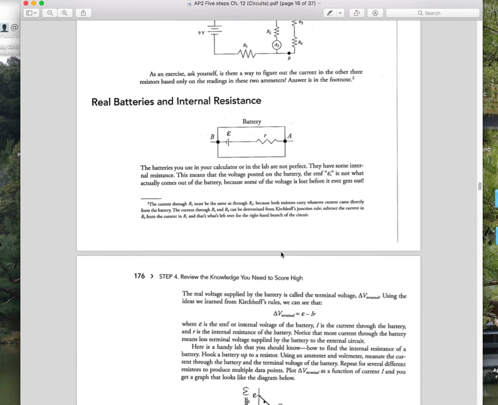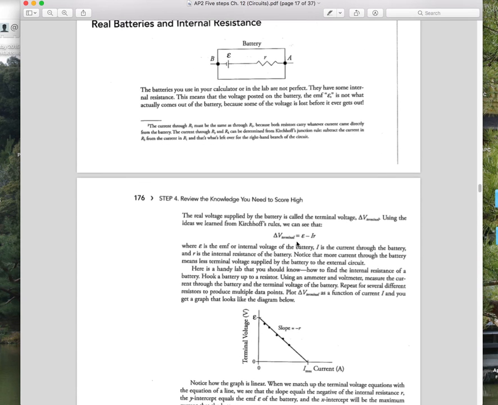So they talk about internal resistance of a battery in here. Terminal voltage is equal to EMF minus current times the internal resistance of the battery. We did a lab with that, one of our circuitry labs first semester. I would go over and look at that part because I think a very good AP question they could ask this year would be giving you a scenario, maybe a graph, with voltages and currents and asking you to determine the resistance, and then saying, now assume that the battery is not ideal and has significant internal resistance.